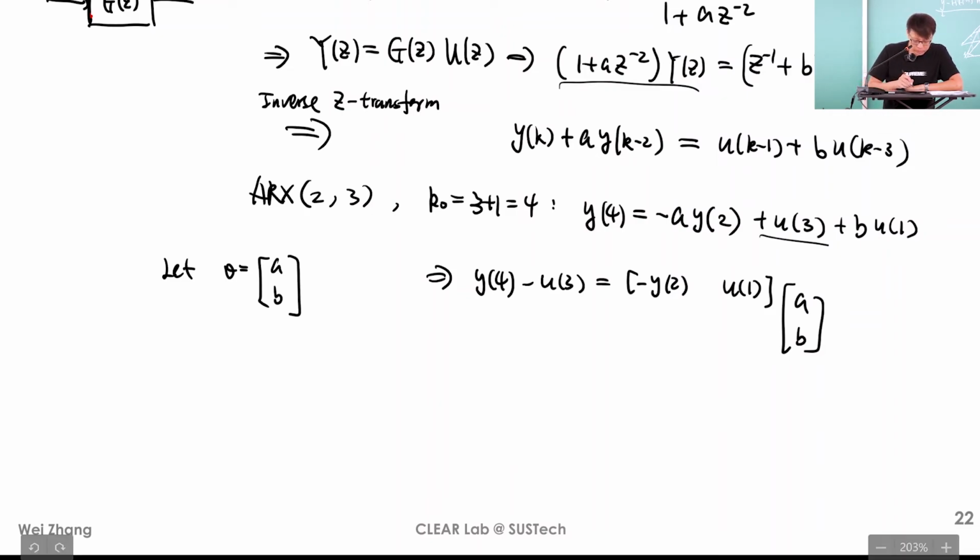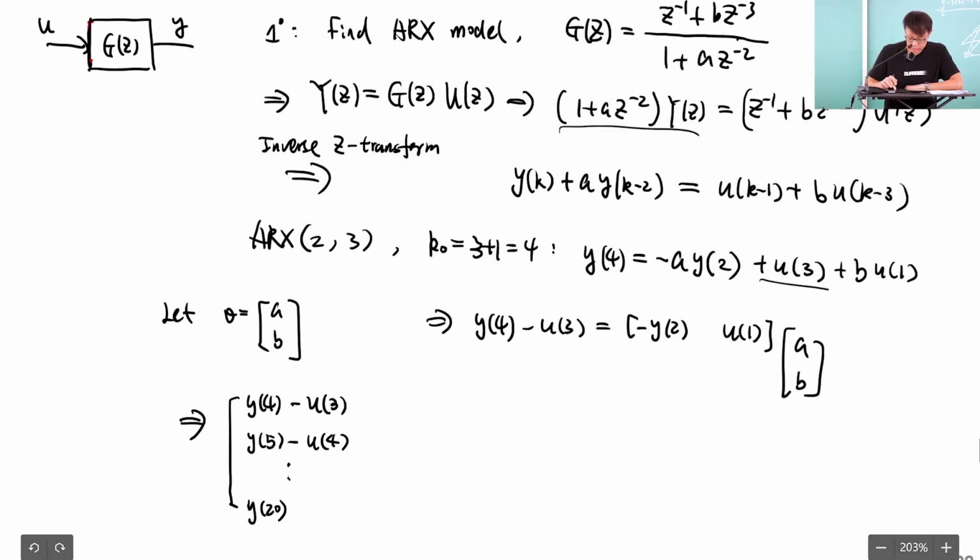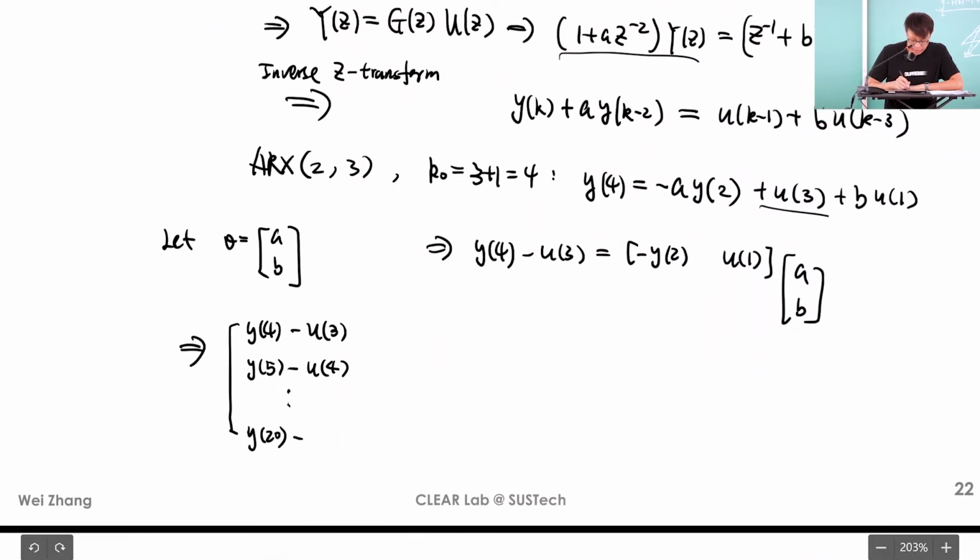So essentially what we have is the following. It is y4 minus u3, y5 minus u4, okay? All the way to y, how many data do I have? 20. I have 20, right? Minus u19. I have a big column vector.